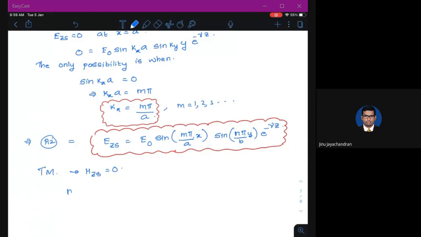And this m and n are called the modes of the wave.